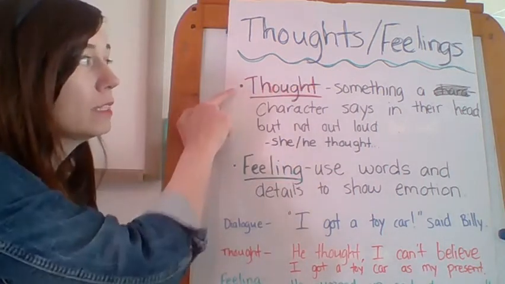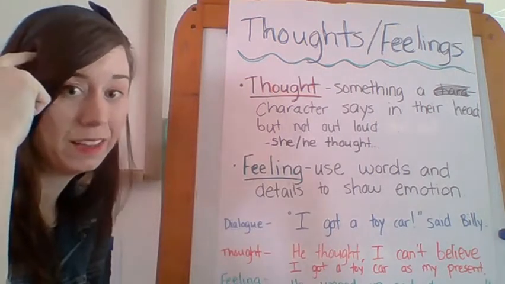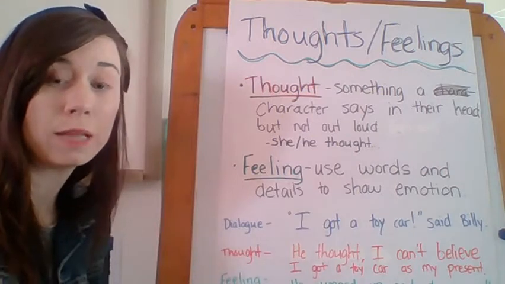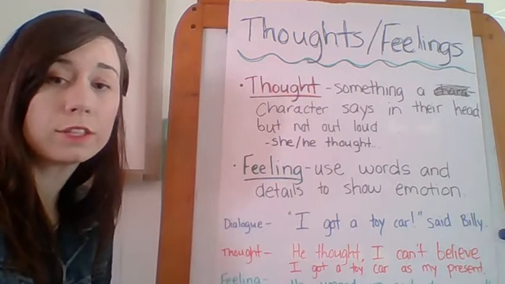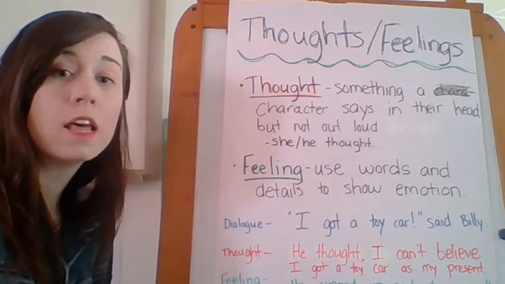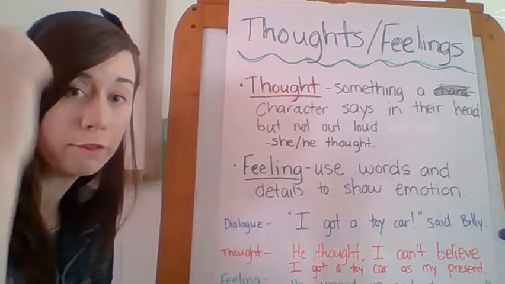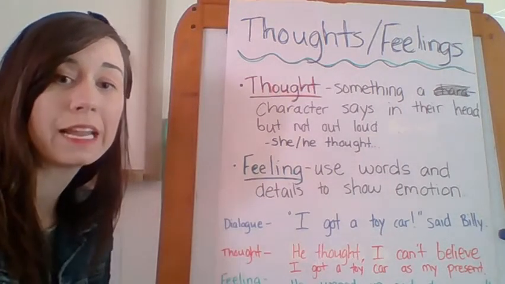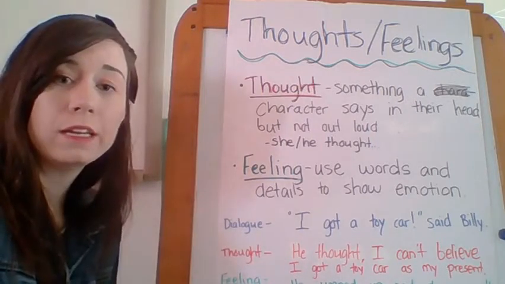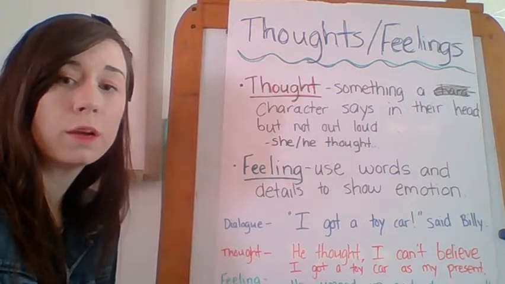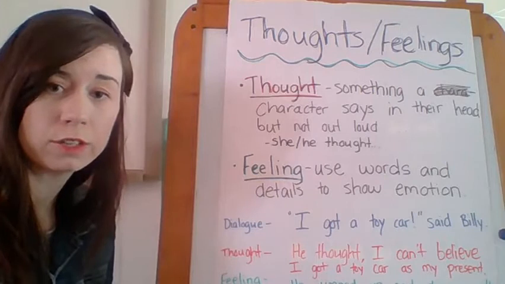So, a thought is something that a character says in their head. They never say it out loud. So, usually in a story, the author starts with he or she thought, and that gets the reader ready to kind of focus on what the character's thinking in their head. A feeling is when you use words and details to help show emotion of a character.